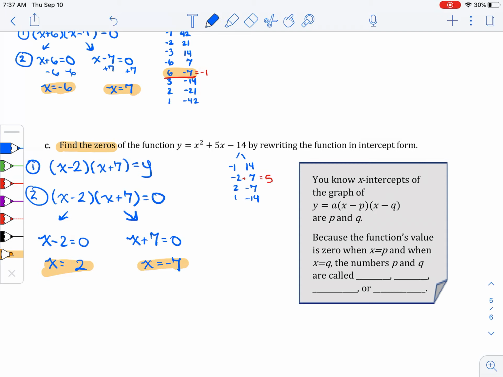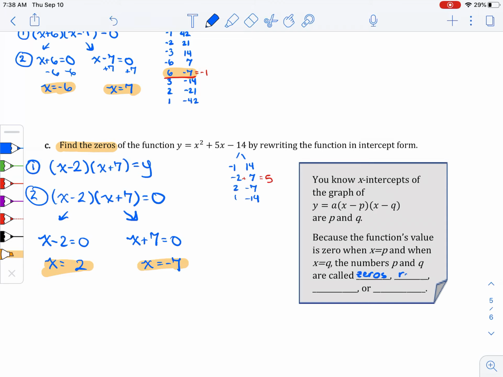I had pointed this out for that last practice 2, the 1.2 practice 2. But we know that the x-intercepts of the graphs of y equals a times x minus p, x minus q are p and q, right? We've been working with that intercept form. Because the function's value is 0, y is 0, when x equals p, and when x equals q, the numbers p and q are called our zeros.